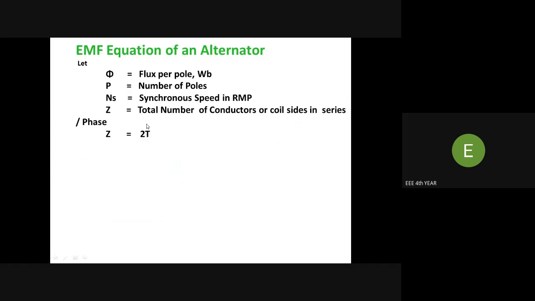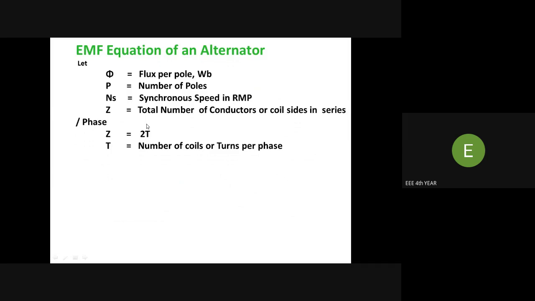So Z is the total number of armature conductors. It is also equivalent to 2T, where T equals total number of coils or turns per phase. The number of conductors is 2 times T, because one turn consists of 2 conductors.